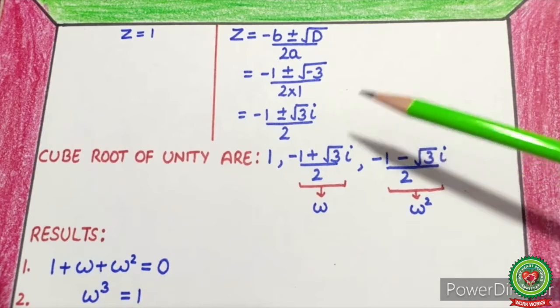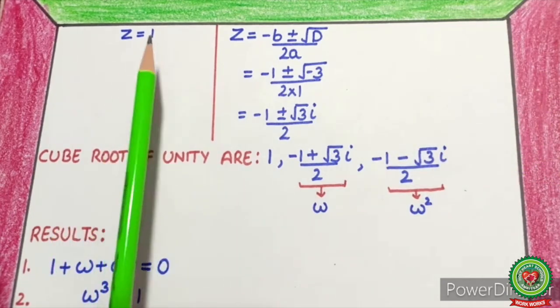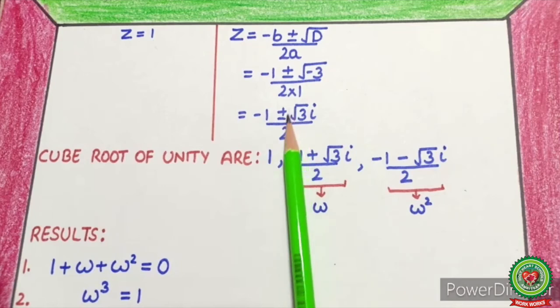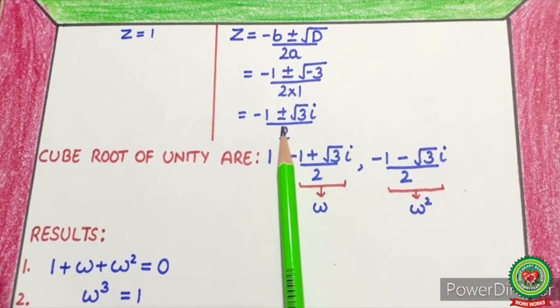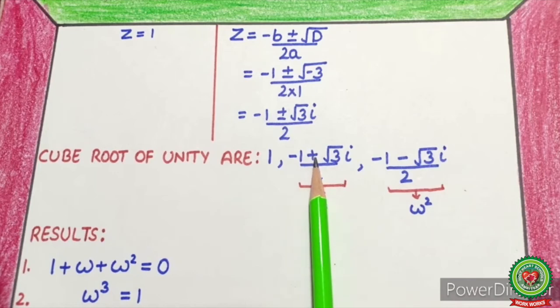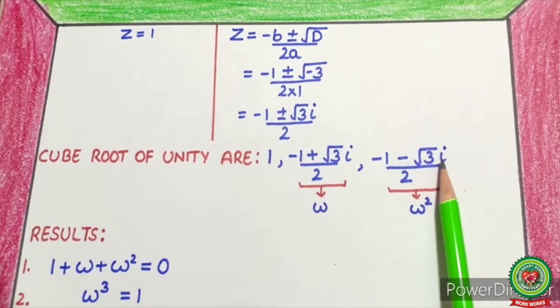So from here, our cube roots of unity are first of all 1, and there are two more values. To separate those values, the first is minus 1 plus under root 3 iota upon 2 and minus 1 minus under root 3 iota upon 2.